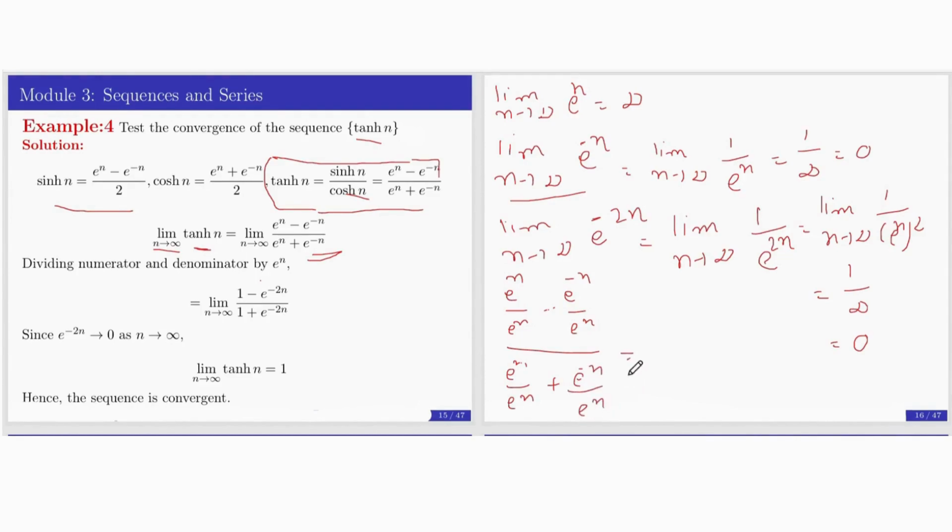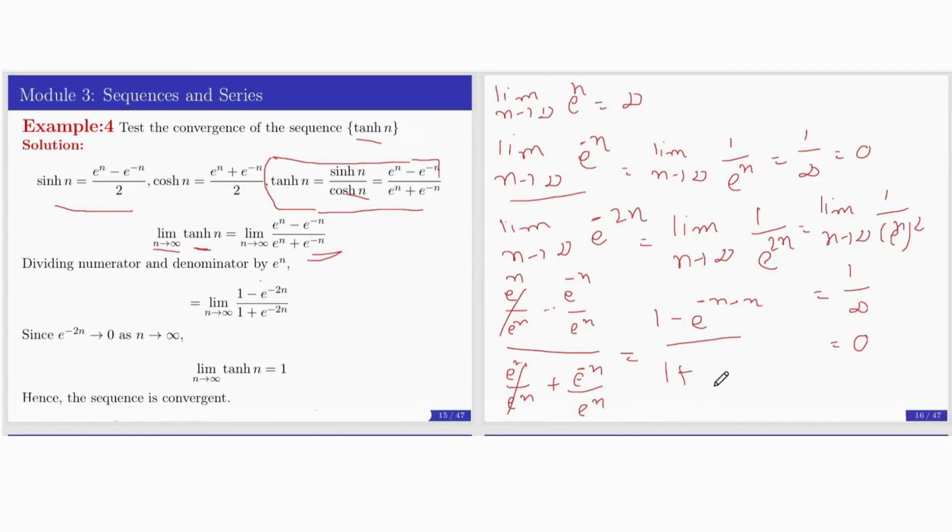So e^n cancels out, giving 1 minus e^(−n) upon e^n. The base is the same, so we move the denominator's power n into the numerator, giving e^(−n) again. In the denominator too, e^n cancels out, so 1 plus e^(−n) upon e^n, and again we take the power into the numerator.